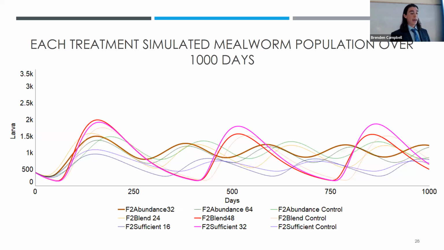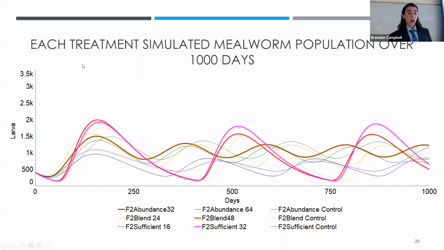Over that 1,000-day period for the models, there was no clear expanding or dampening of any oscillating behavior. It was what's considered sustained oscillation, which helps explain how many mealworm farms, both small and large, are often managed. This is due to mealworm farmers typically allowing 5 to 10% of their larvae to pupate each breeding cycle.